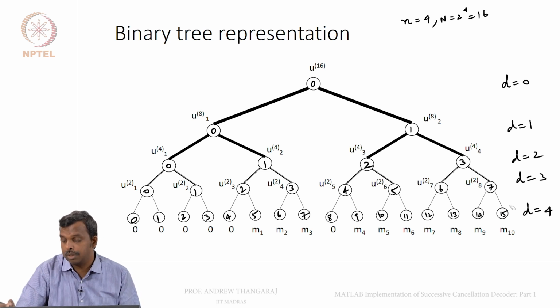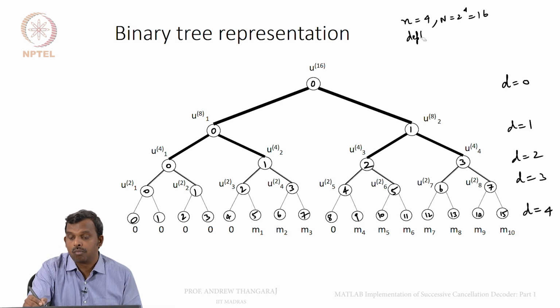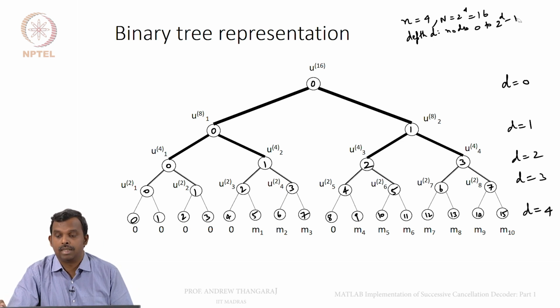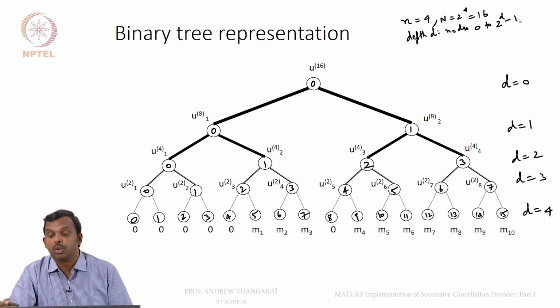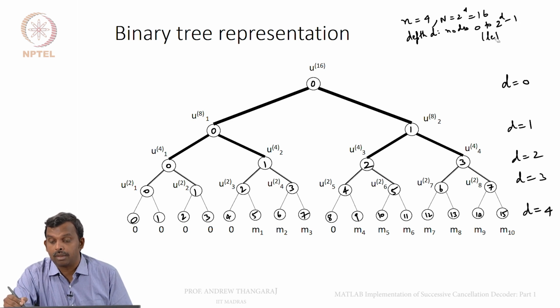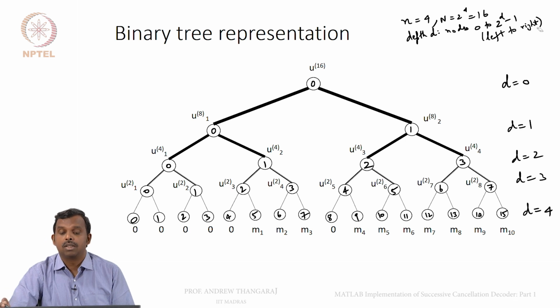So these are the numbers. At any depth d, you have nodes 0 to 2 power d minus 1. It's easy to see. Even for d equals 0, this is true. So if you have depth d, you have nodes 0 to 2 power d minus 1 from left to right. That's one thing, and this is easy enough.